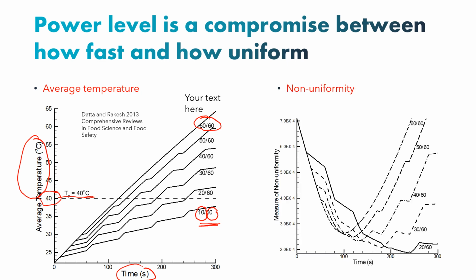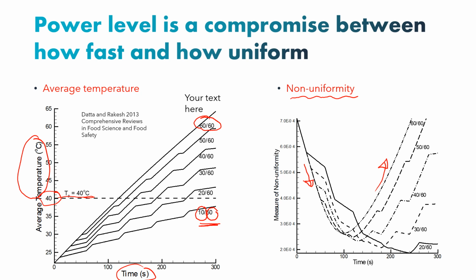Now let's look at the non-uniformity information. So in non-uniformity, it first reduces because other places get heated, so the temperature differential inside can go down initially, but as some places keep getting more energy absorbed from microwaves, they keep getting hotter, so eventually again the non-uniformity rises.